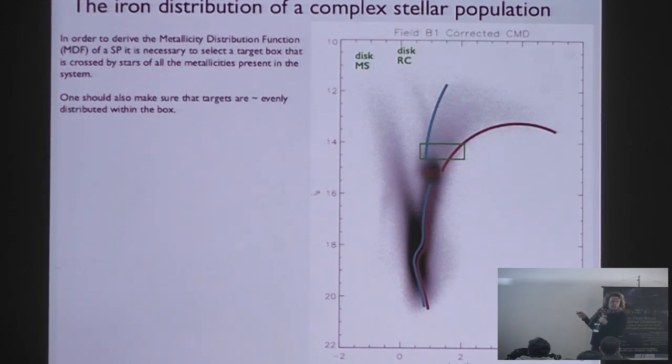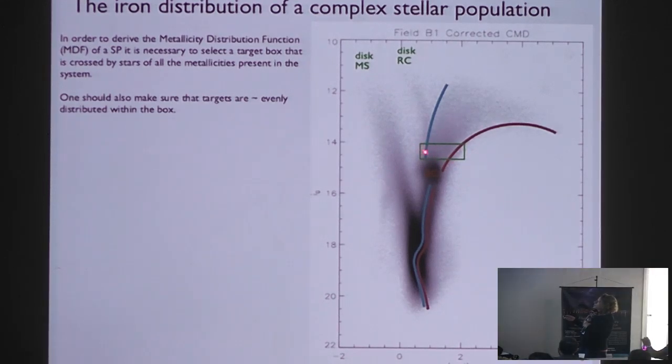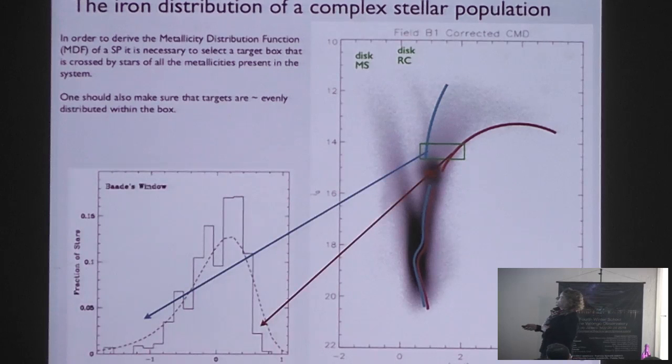If we stay low, at fainter magnitudes, it is harder to get the spectrum, but we can reduce the color range. Still, we have to make sure that we sample both this region, the blue region, where metal-poor stars evolve in the red giant branch, and this, the red region, where metal-rich stars evolve.